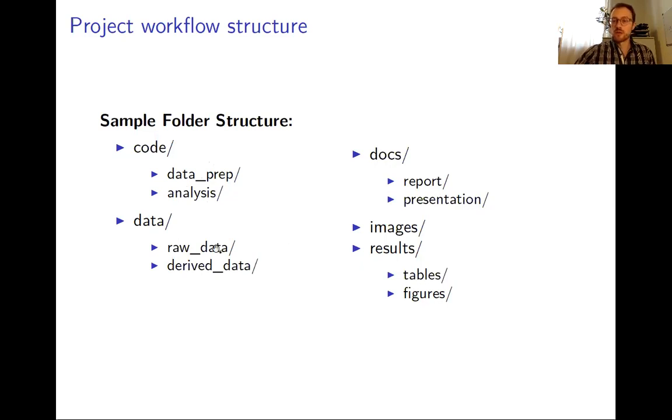It might be really useful to have these relative file paths because you might be in the data preparation folder, want to get the data from here and then save the resulting data set in the derived data folder. Every time you would have to slightly change the file path, and using relative file paths makes it much easier.